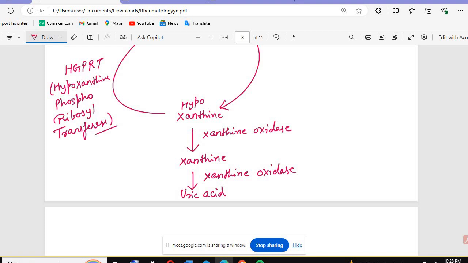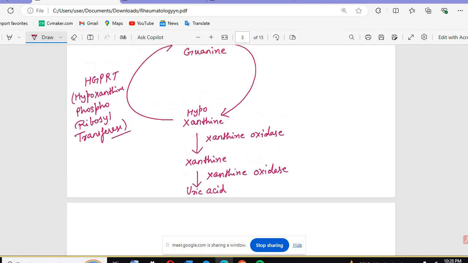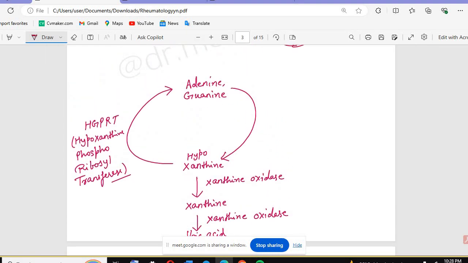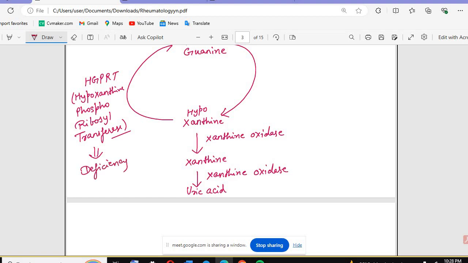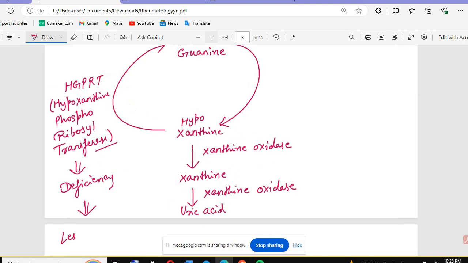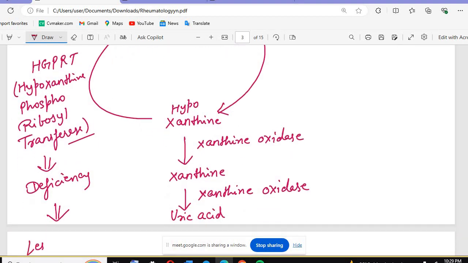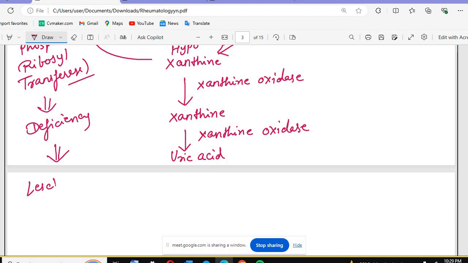Okay, now there are two enzymes. Remember, there is HGPRT, the hypoxanthine phosphoribosyl transferase enzyme. If this enzyme is deficient, this is known as Lesch-Nyhan syndrome.